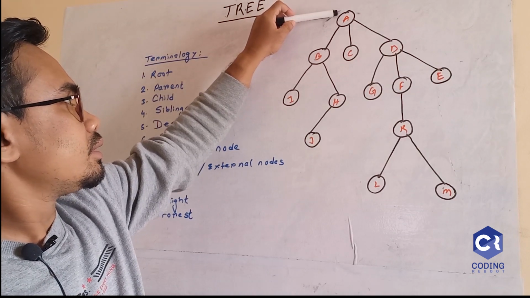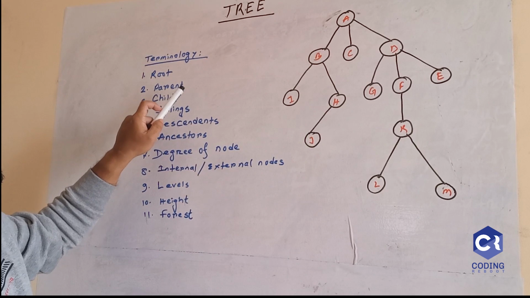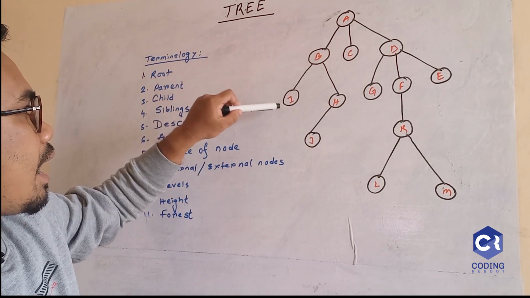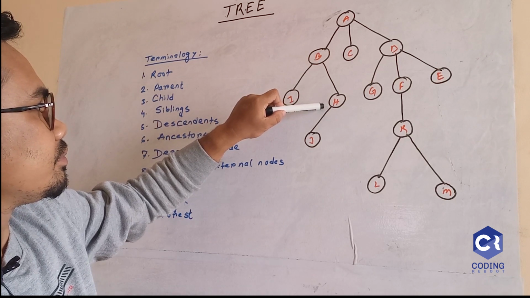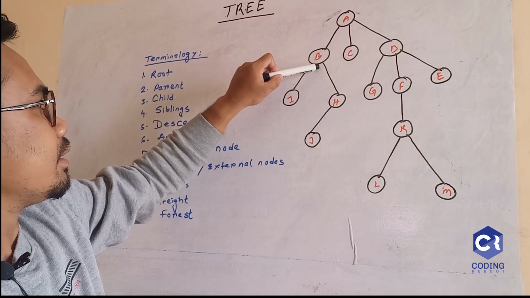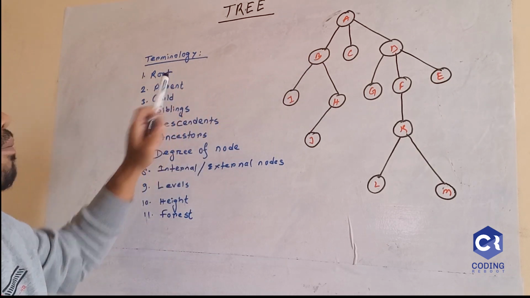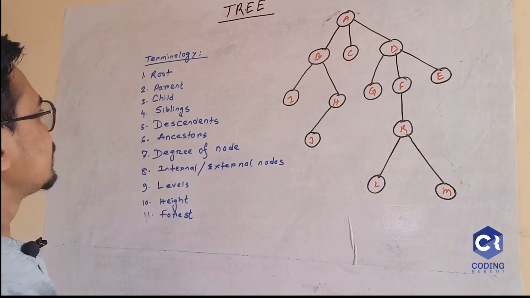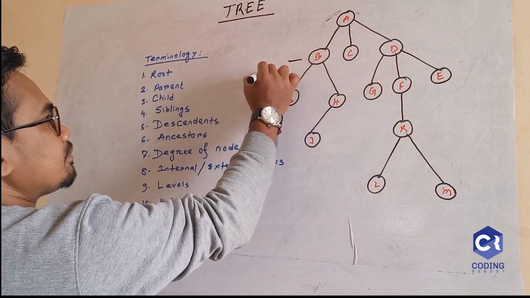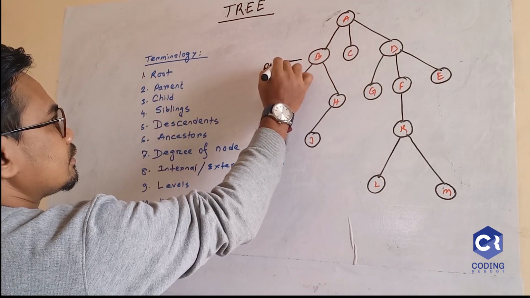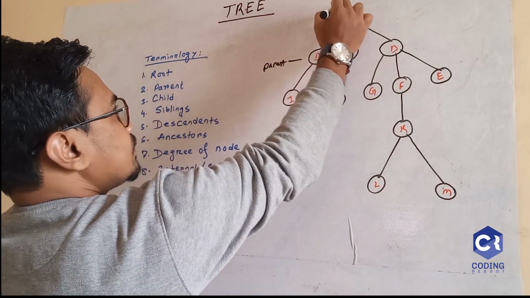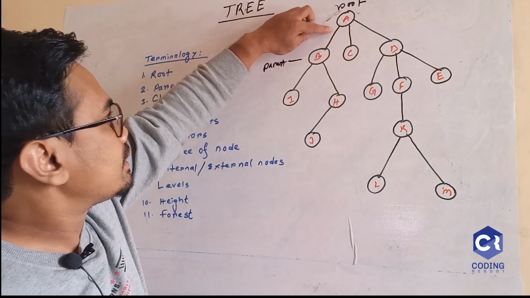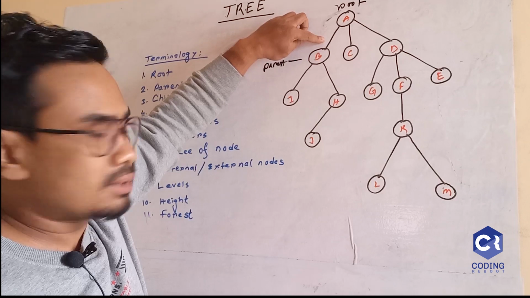This is the root, and for B, I and H are the children of B. That is, B is the parent of I and H. So this is the parent, this is the root, and all these are edges.